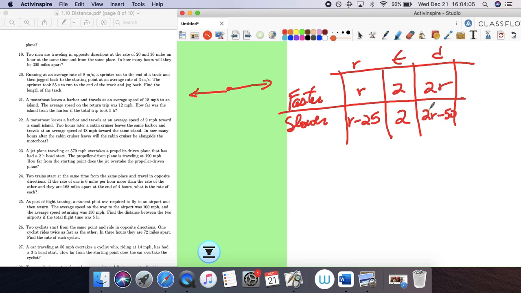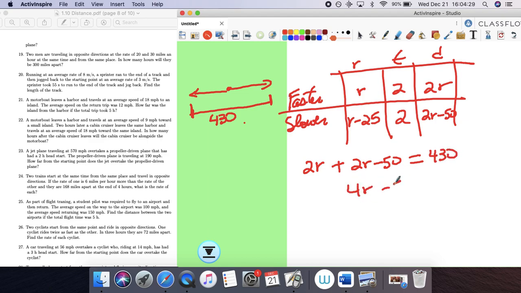What do I know about their distances? In 2 hours, when I say stop and we measure the distance from this point to this point, the distance is 430 miles. So the distance the faster airplane flew, plus the distance the slower airplane flew, added together gives you 430, and that's your equation.